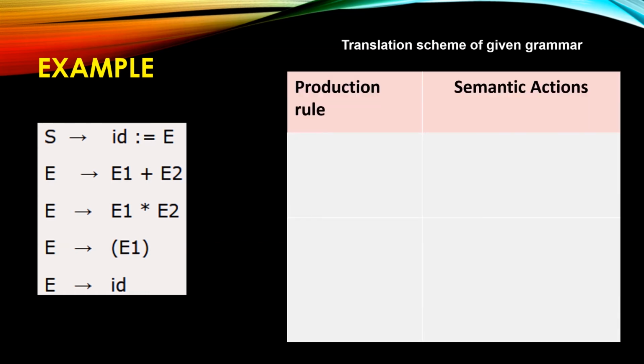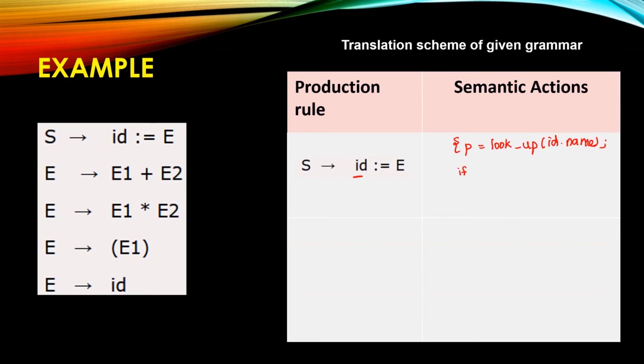Now the translation schema of the above grammar is represented as follows. For the first production rule, S gives id equal to E, the semantic rule can be written as p equal to lookup of id.name.